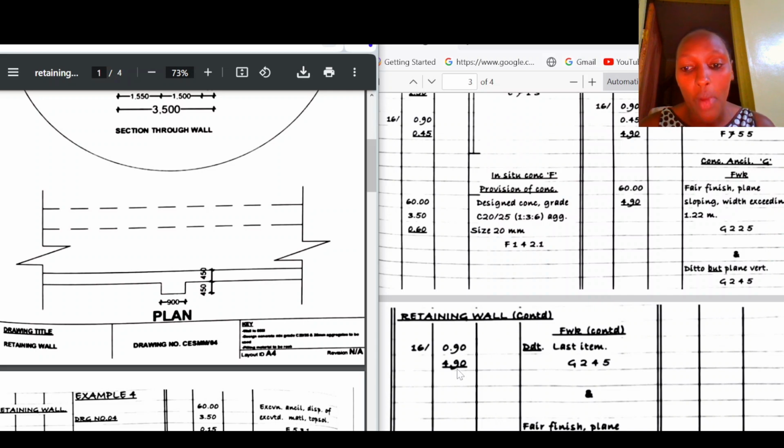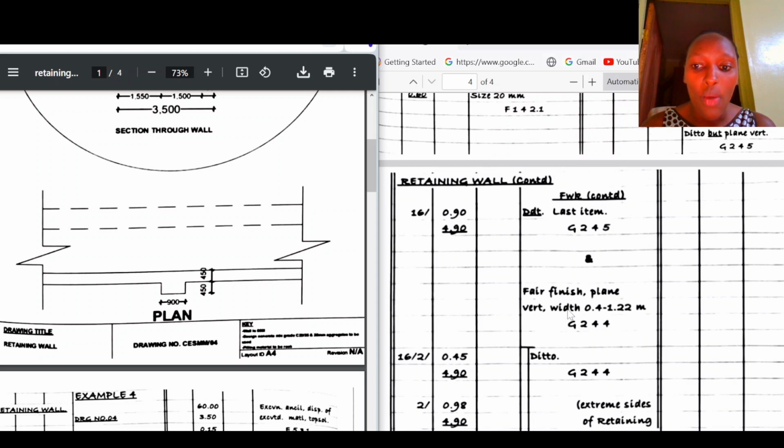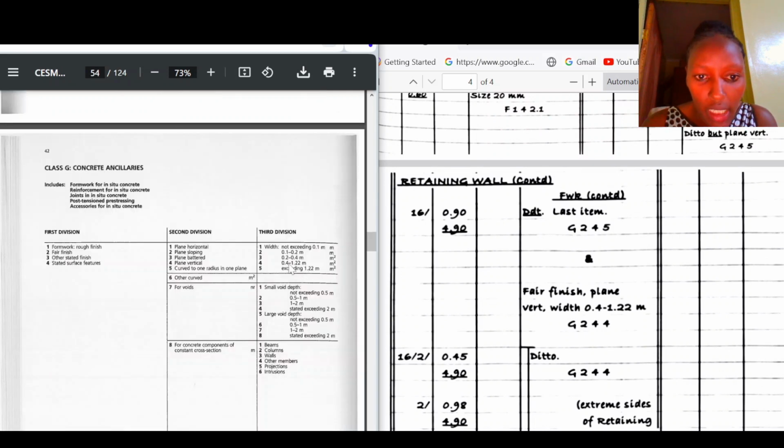Now, this formwork we shall deduct from the plain vertical side. Why are we deducting? Because the width of the piers does not exceed 1.22 meters, because you can see the width of the piers is 450. So we shall deduct it from the plain vertical, then we shall add it to where the width is 450. 450 lies between 0.4 to 1.22.